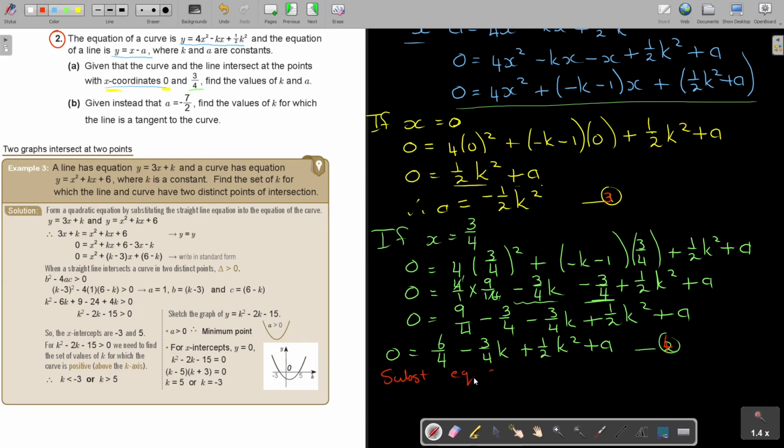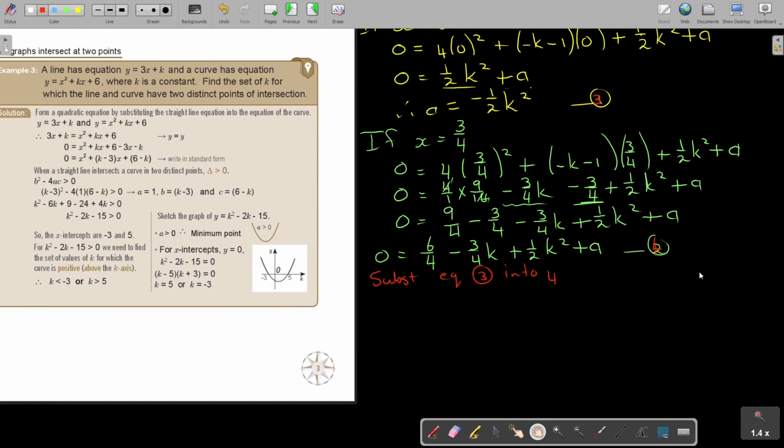So substitute equation 3 into 4. Okay, I'm going to do that. So I'm going to say 0 equals, this is 3 over 2, or 1.5, minus 3/4 k plus a half k squared. And there I substitute.